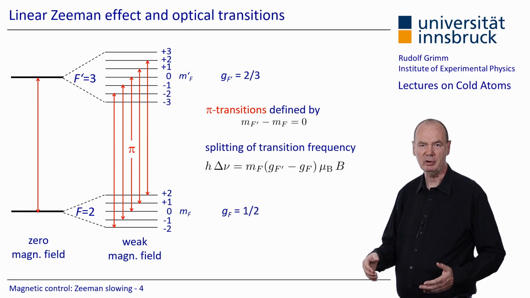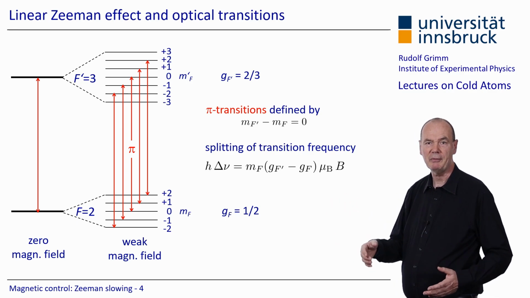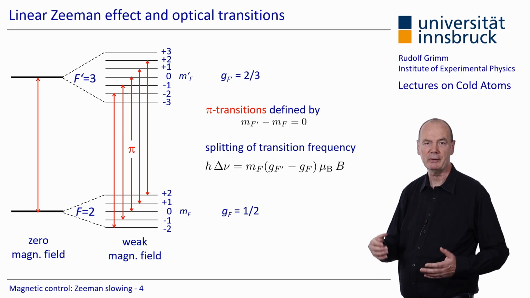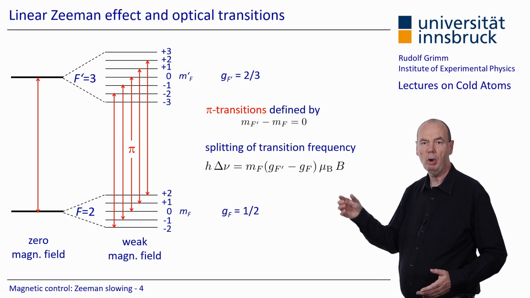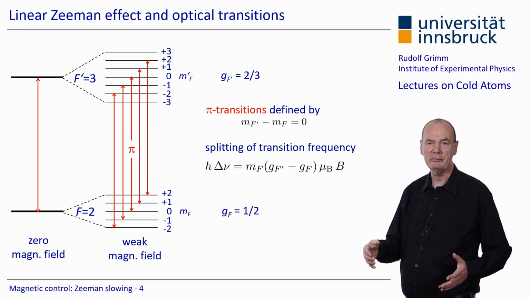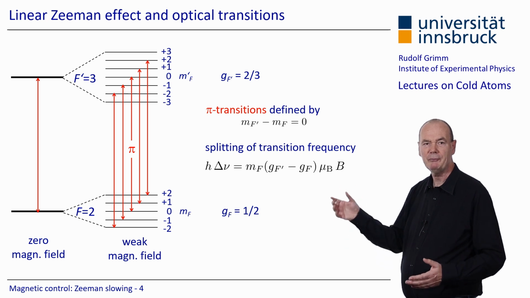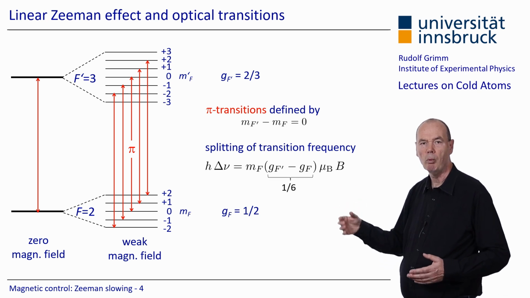The transition energies follow the simple expression shown here. If the gyromagnetic factor is the same for the ground state and the excited state, then there will be no line splitting to first order magnetic field. But in many cases, they are not the same. For our F equals 2 to F prime equals 3 transition in alkali atoms, the difference in G factors is 1/6.